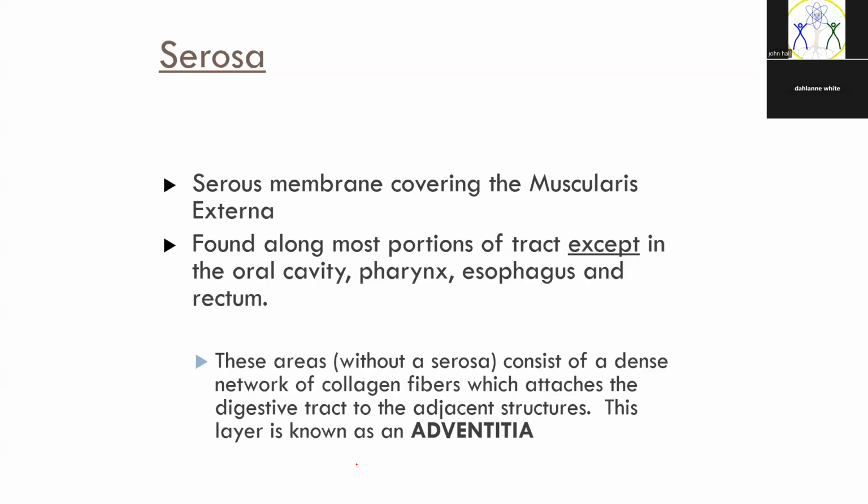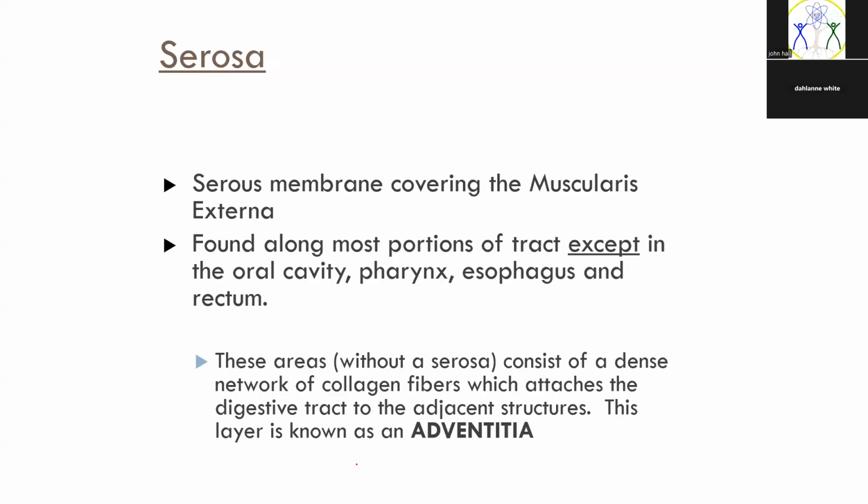If you think about it, your pharynx in your throat has to be attached to the surrounding tissue so that when you're swallowing, those changes in pressure don't cause the pharynx to shift position. So you have to anchor it strongly in place. So a serosa is on the tube, right? It's sitting on it.